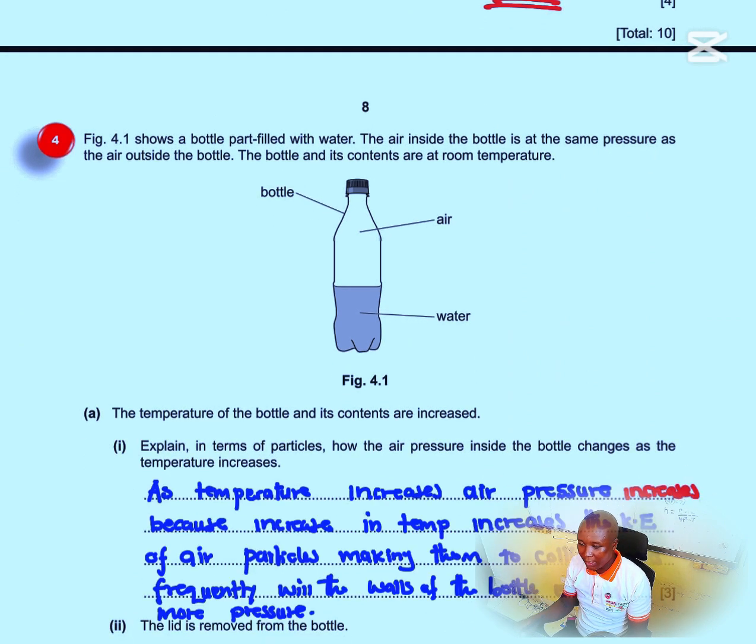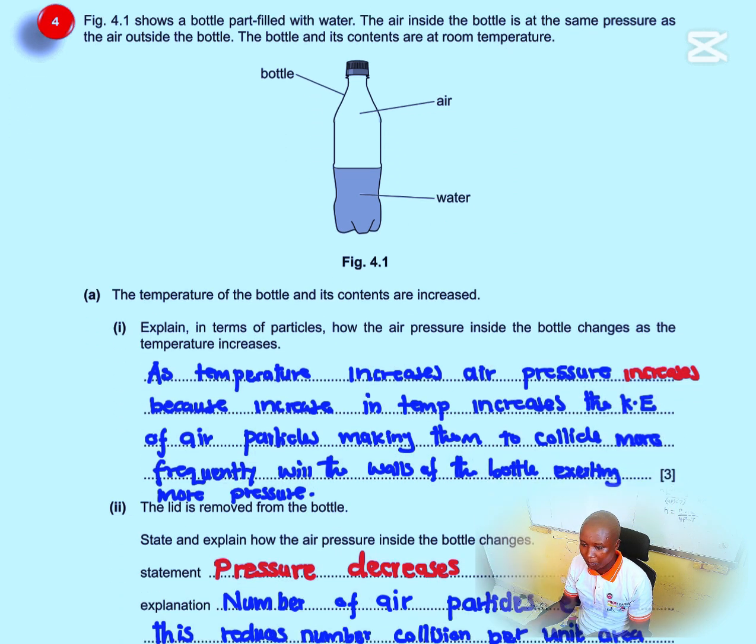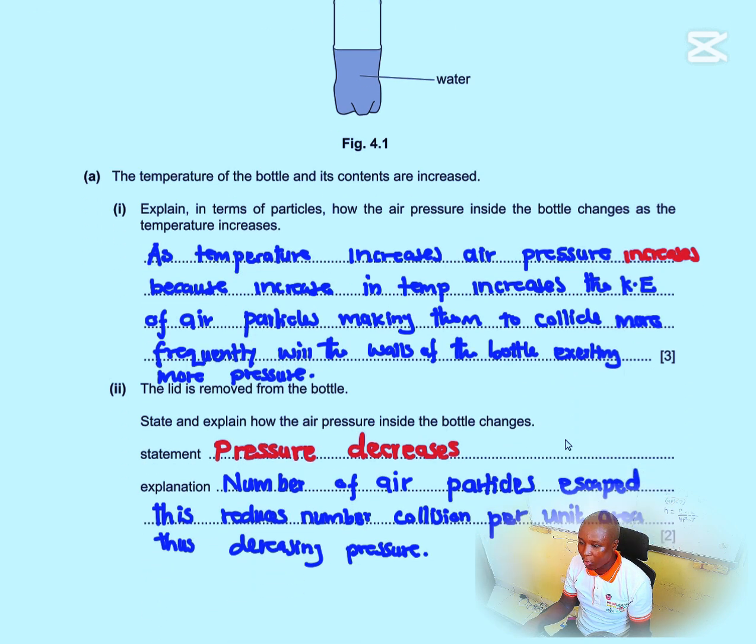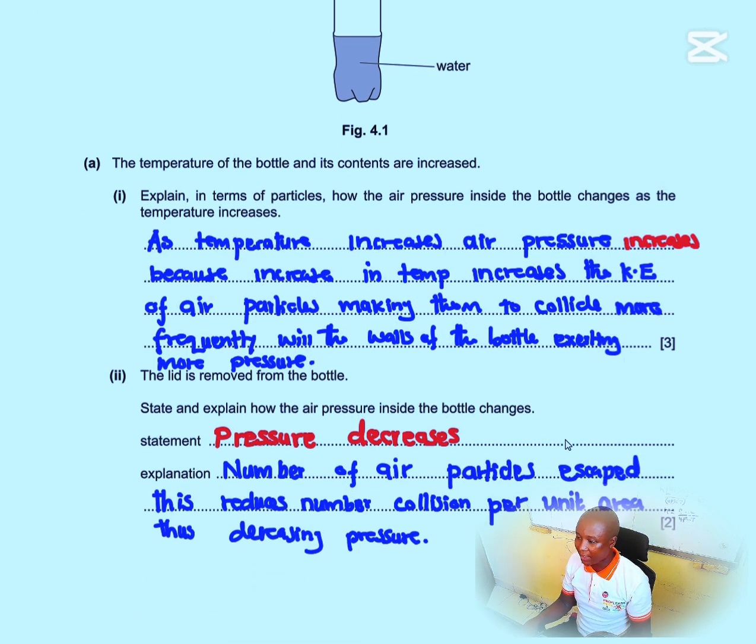Moving on, still talking about pressure, we shall talk about how temperature affects pressure. In this case, we are told to explain in terms of particles how the air pressure inside the bottle changes as temperature increases. Something you need to realize is that as temperature increases, the kinetic energy of the particles increases.